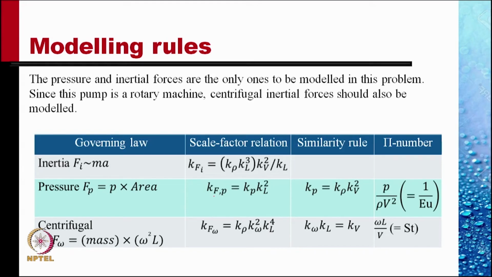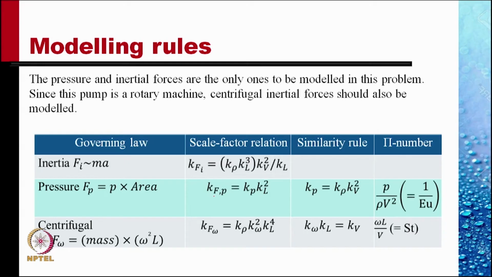The governing law for inertia is inertial force equals ma, and we plug in the scale factors of mass and acceleration to obtain the scale factor for our inertial force as K rho KL cubed for mass, and for acceleration KV square divided by KL. The pressure forces would be pressure times the area.